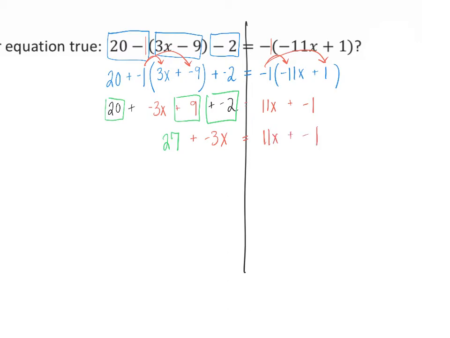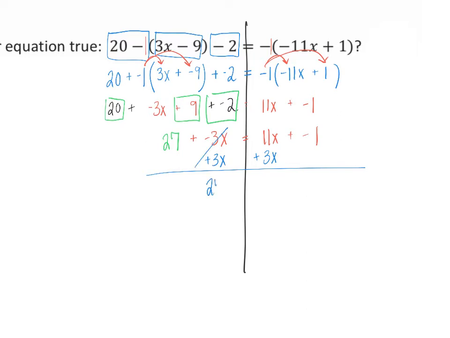So now I'm just going to be moving my terms around so that I have my x's on one side, my numbers on the other. So to do the opposite of this -3x, I'm going to be adding 3x, doing +3x. This cancels.